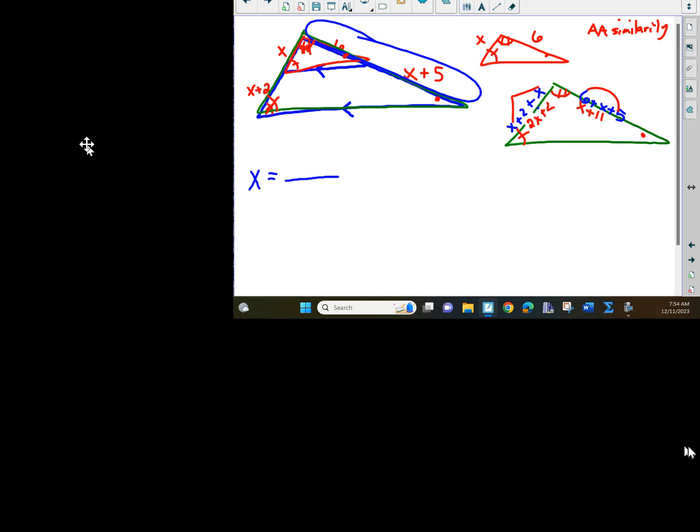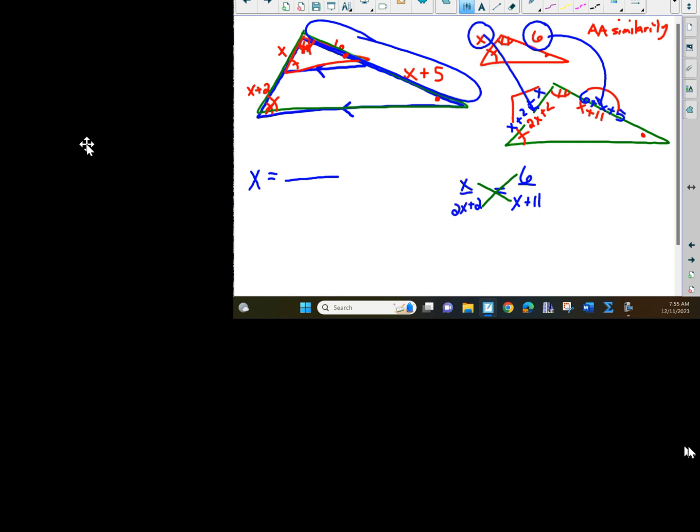I now can come up here and put up my proportion. I'm going to take the x and put it over the 2x plus 2. I'm going to take this 6 and put it over the x plus 11. We're going to cross multiply.